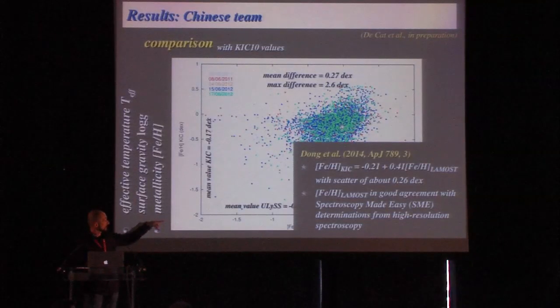But as I said in the second point, they also compared their results with results based on high resolution spectroscopy, and they seem to be aligned. So that's why they conclude that the results with ULySS are more accurate than those obtained with the KIC. So the KIC metallicities should be handled with care, let's say. Thanks.